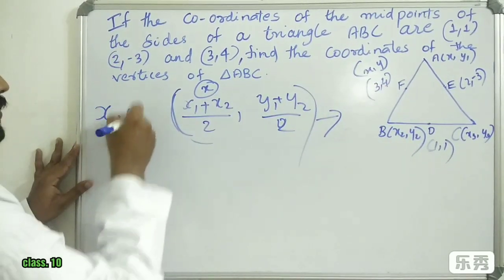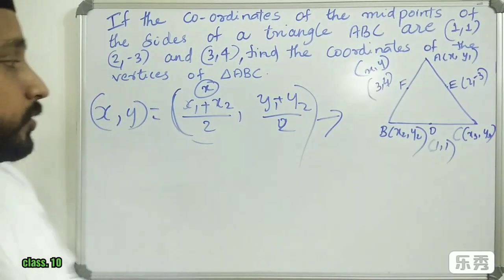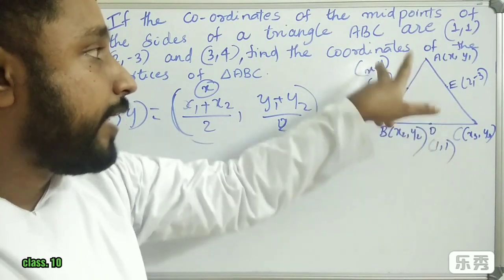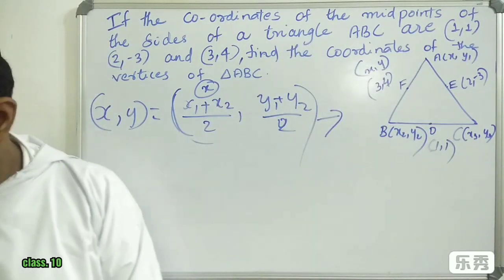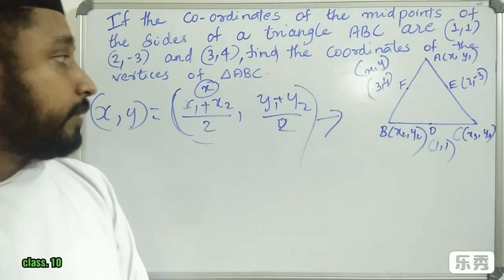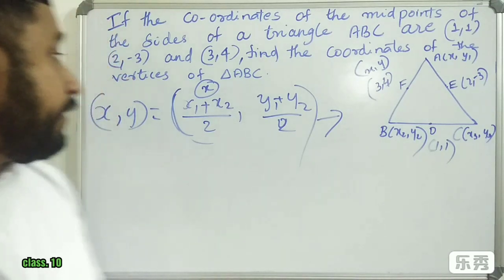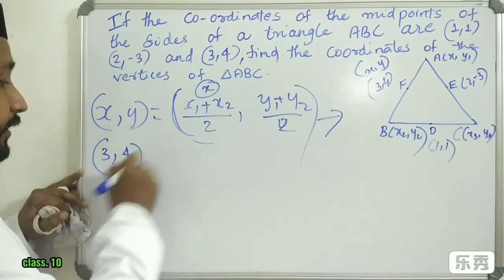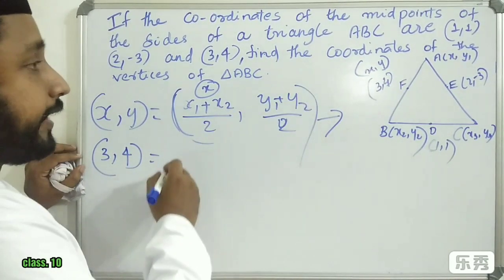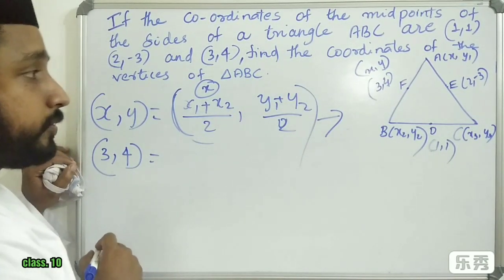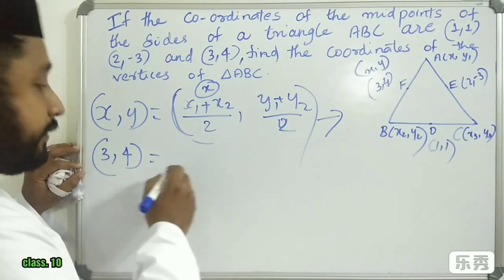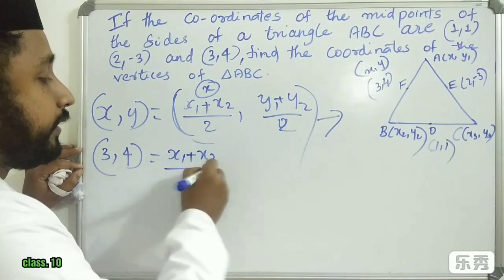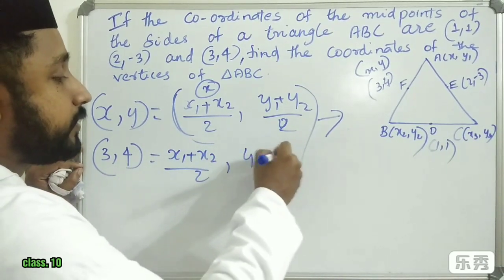So applying the midpoint formula, (3, 4) is equal to (x1 plus x2 by 2, y1 plus y2 by 2).